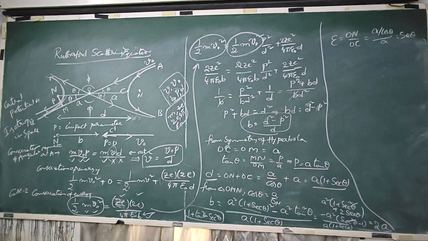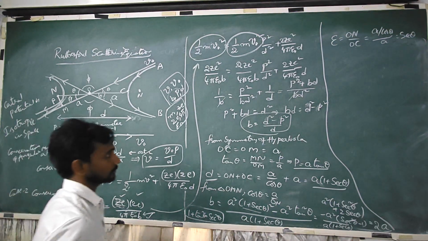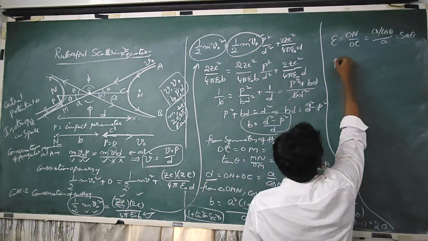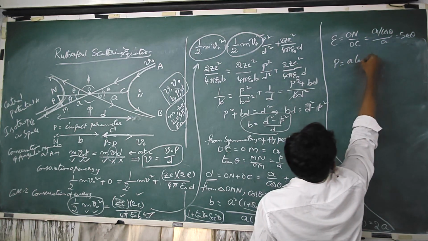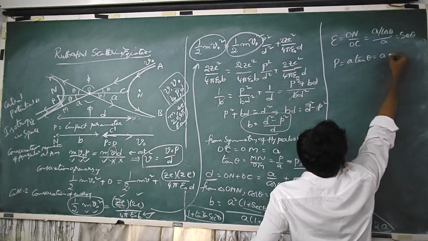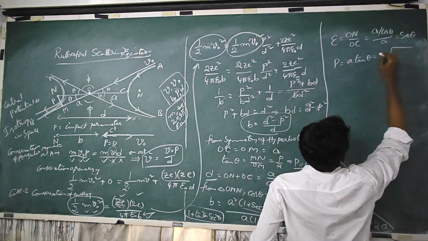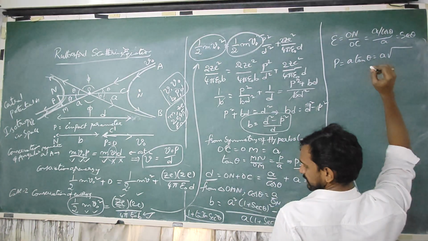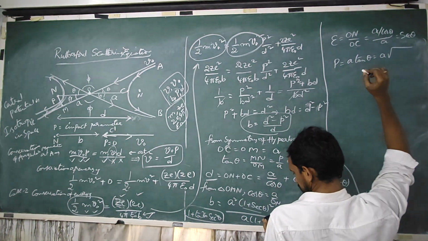So now we can replace that secant theta wherever. So from here P is equal to a tan theta, that is a times square root of secant square theta minus 1. Is it?